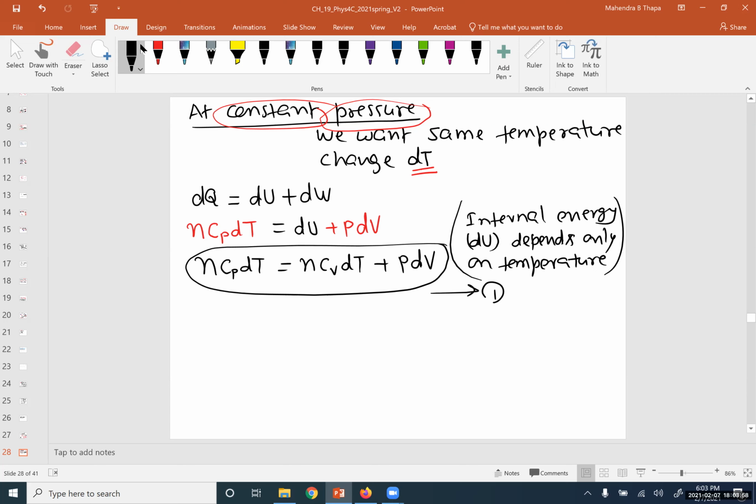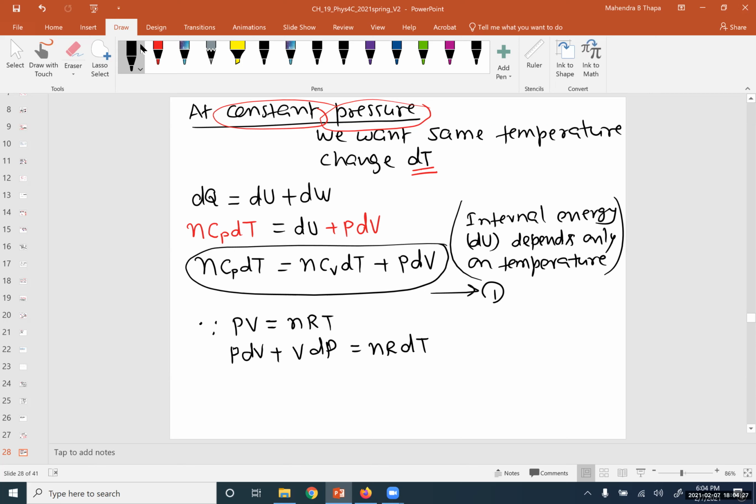Since we know that for n moles of gas PV is equal to nRT, I'm going to differentiate, so it will be P dV plus V dP equals nR dT, because n is constant and R is constant.